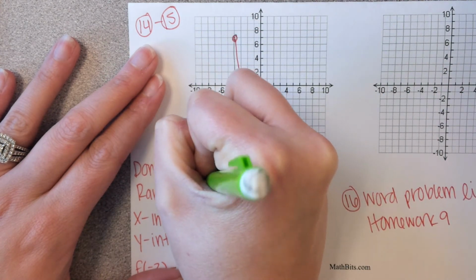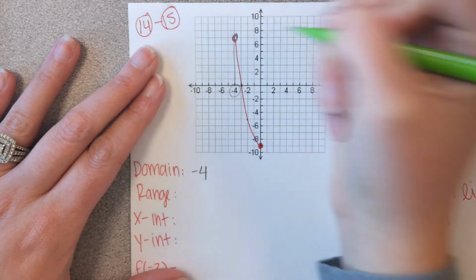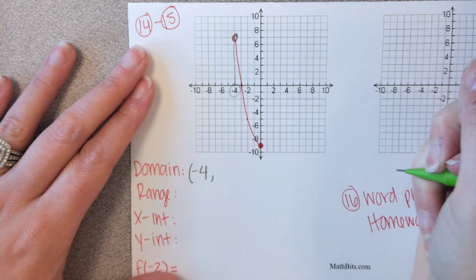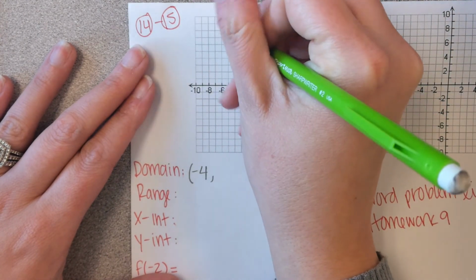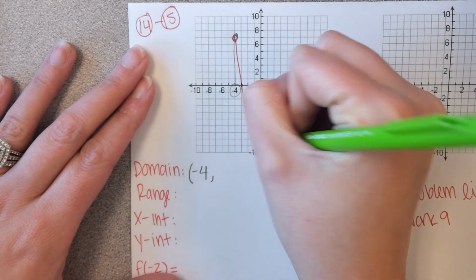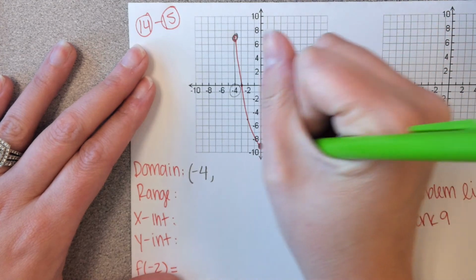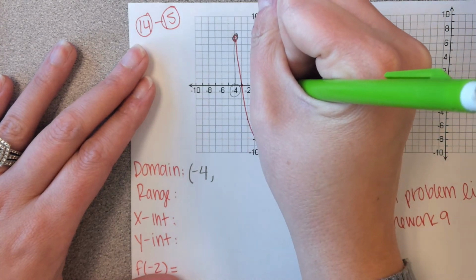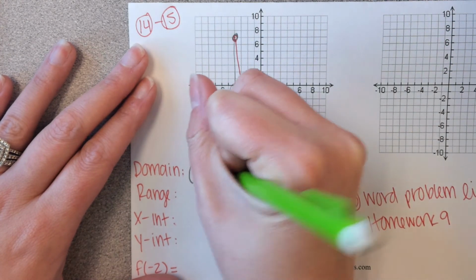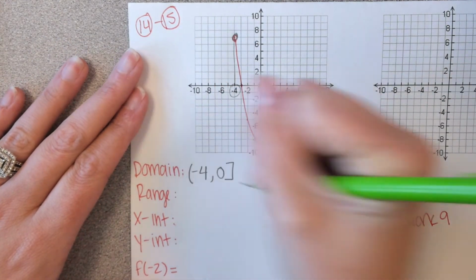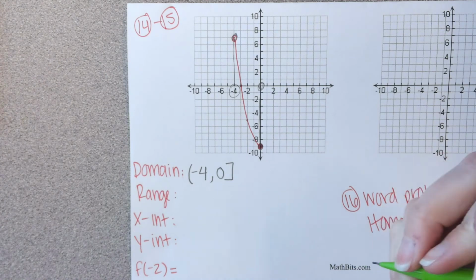So I'm going to start with negative 4. Is that circle open or closed? It's open, so we use parentheses. Then we're going to go all the way to the right. So here's the point that's farthest to the right. And on the x-axis, where's that at? It's at 0. And is that open or closed? Closed.